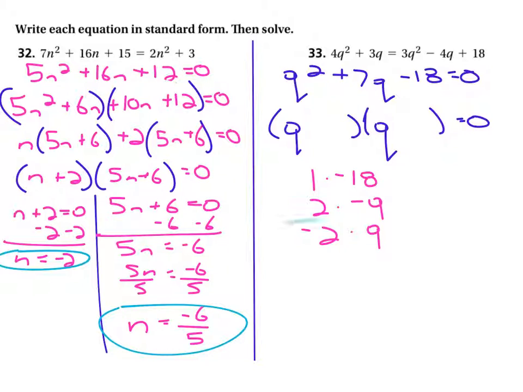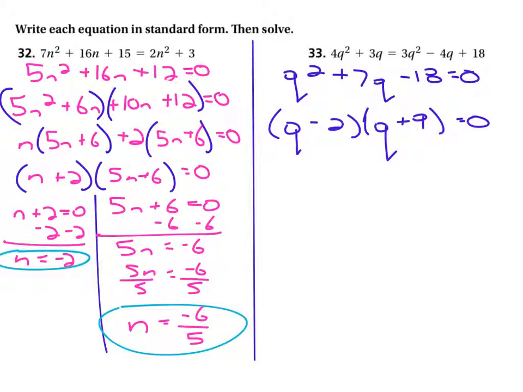And that's going to be the pair that we want. So we then put q minus 2, q plus 9. That's how it factors out.